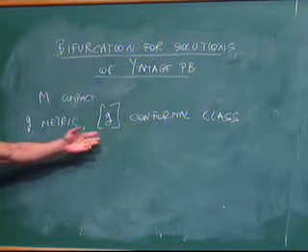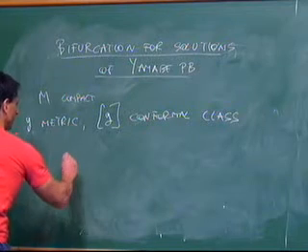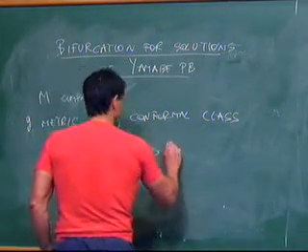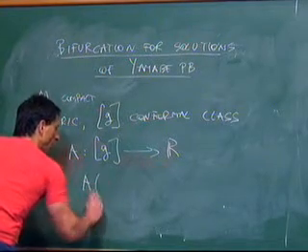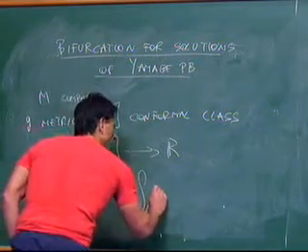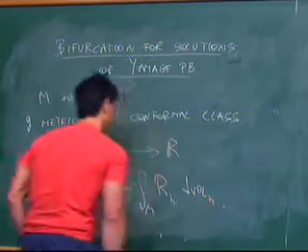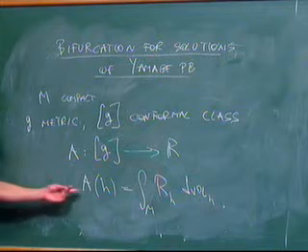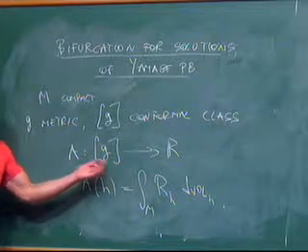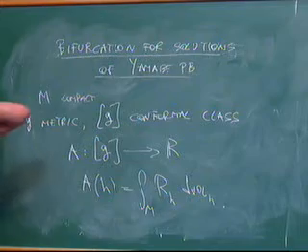The metrics having constant scalar curvature are critical points of a certain functional, which is given by the Hilbert-Einstein functional. So you have a function A defined in this set into R, defined in this way: A of some metric h is equal to the integral over M of the scalar curvature of h. Now, the critical points of the restriction of A to the volume 1 metrics are the constant scalar curvature metrics.